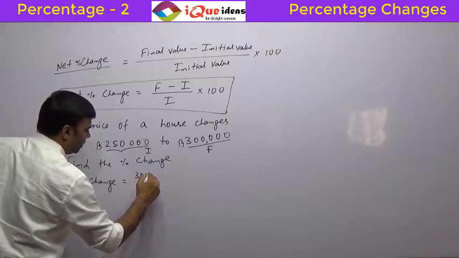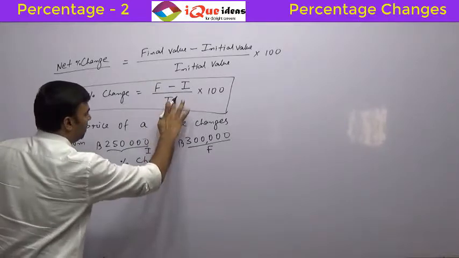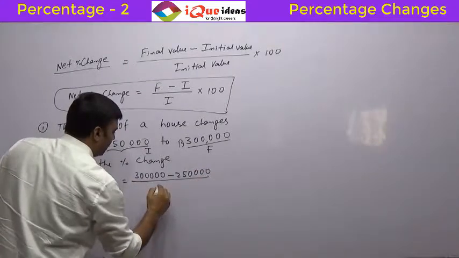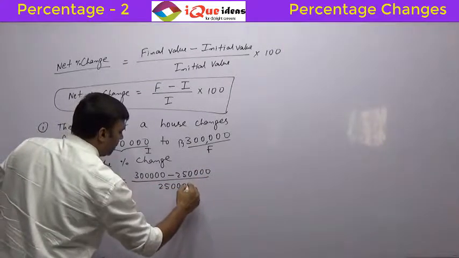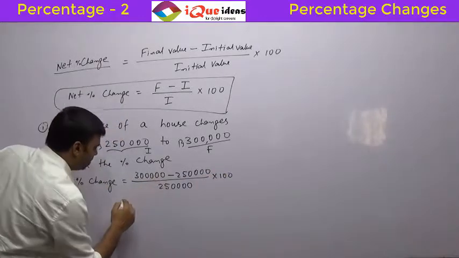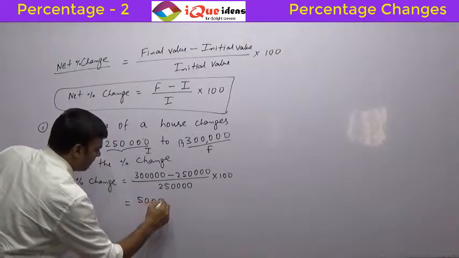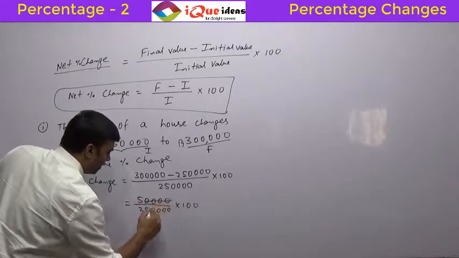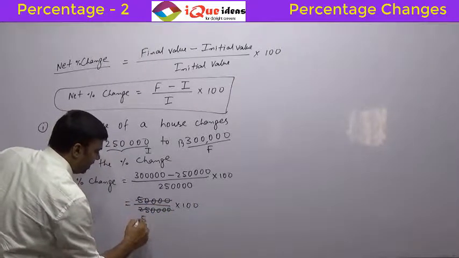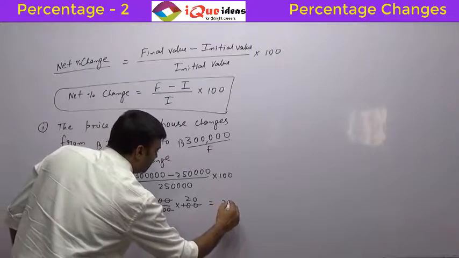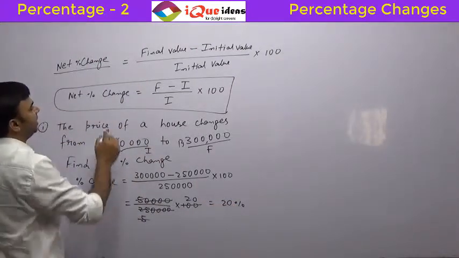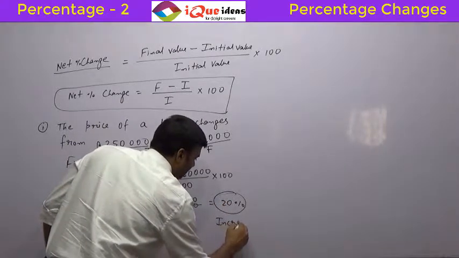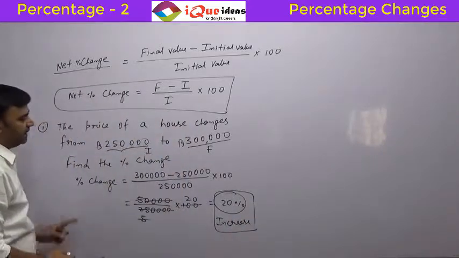So it is 300,000 minus 250,000, that is 50,000, divided by 250,000, into 100. So 4 zeros and 4 zeros are cancelled. 5 cancels 25 5 times and 5 cancels 100 20 times. So it is 20%. Also you can see that there is an increase, so we say 20% increase. So the answer of this question will be 20% increase. That is the percentage change.